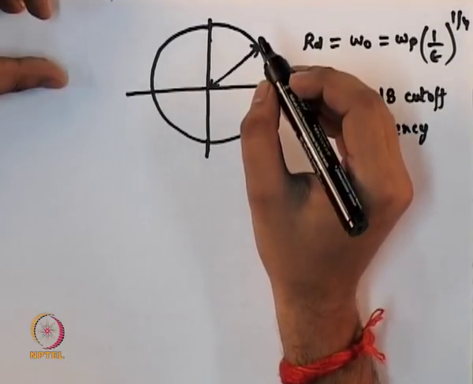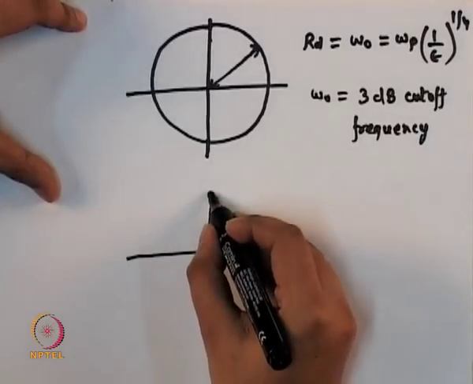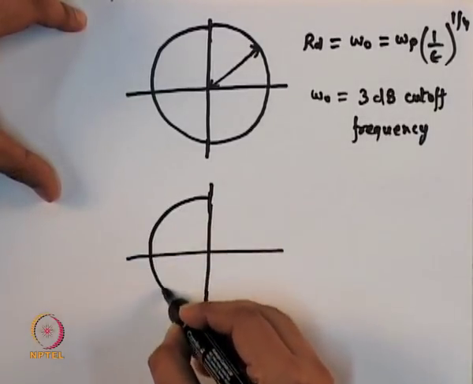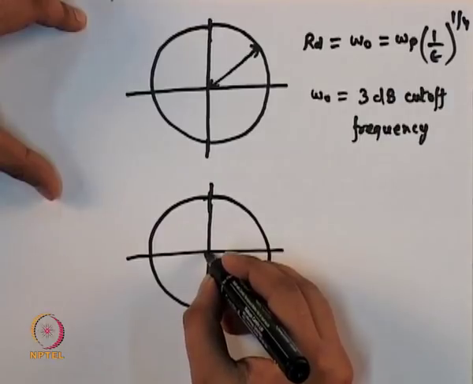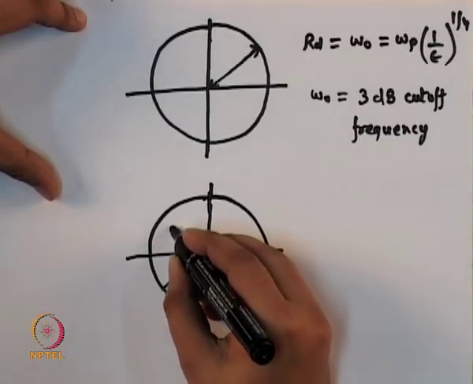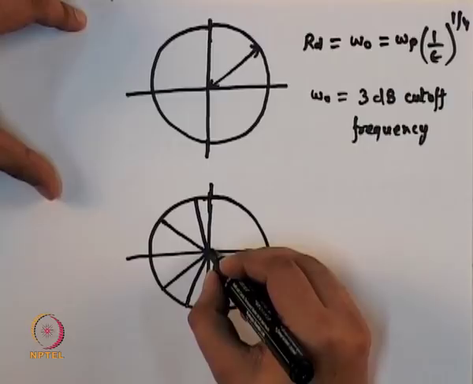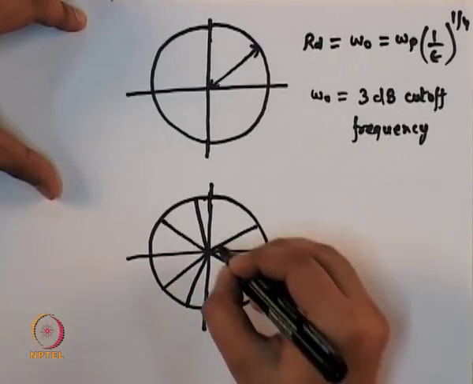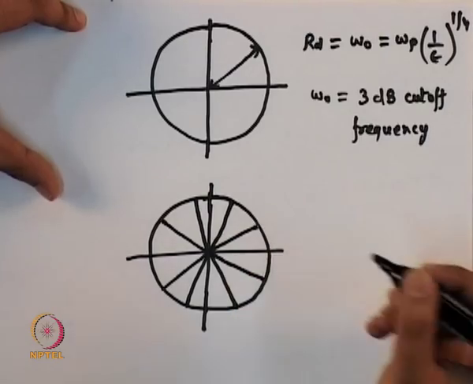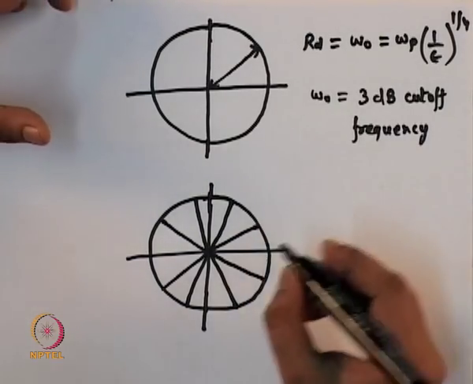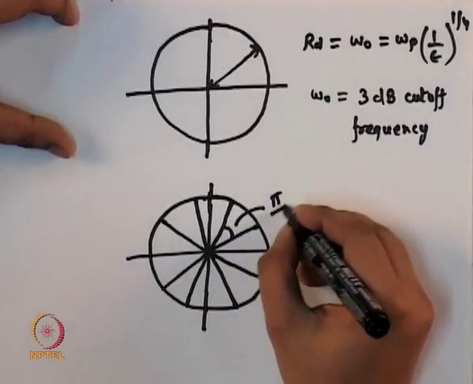As discussed in the class, this circle will have 8 poles on it, and all these poles will be equally spaced. This drawing doesn't look like it is equally spaced, but the angle between two consecutive poles is pi by 4.